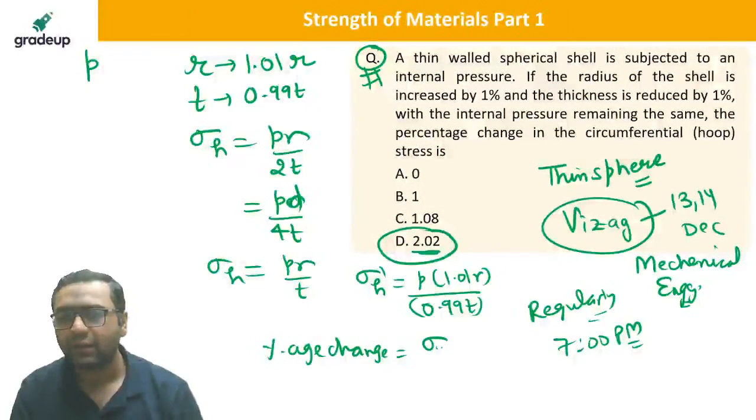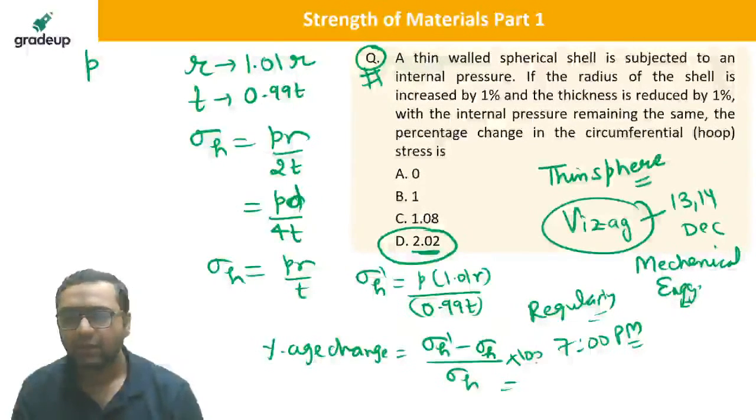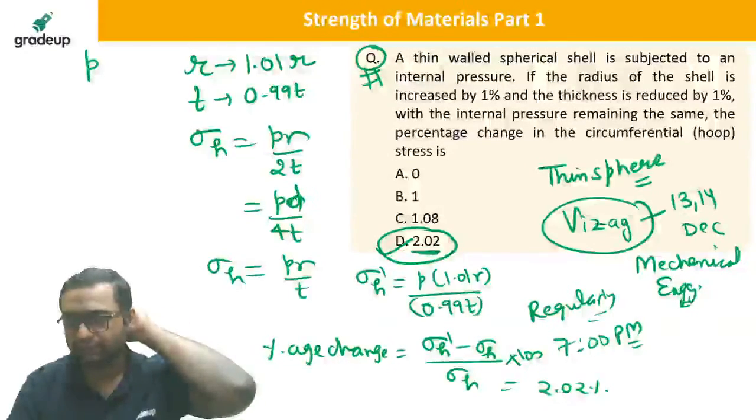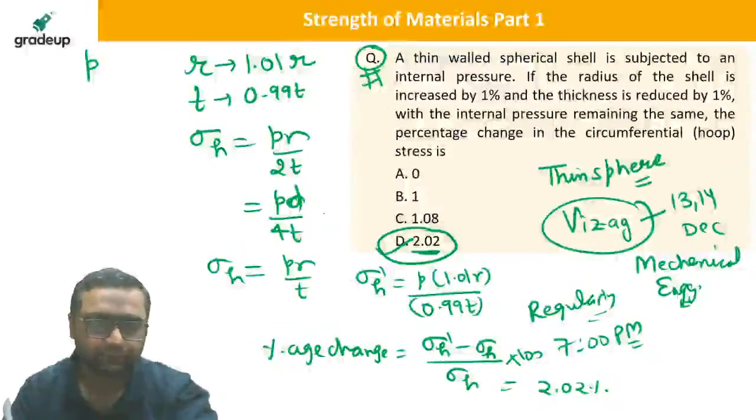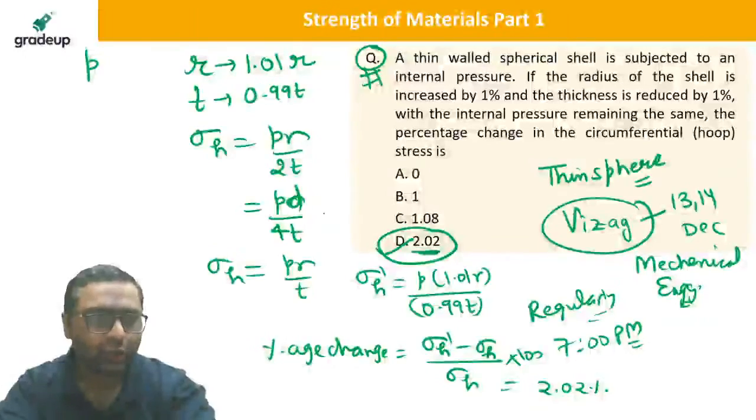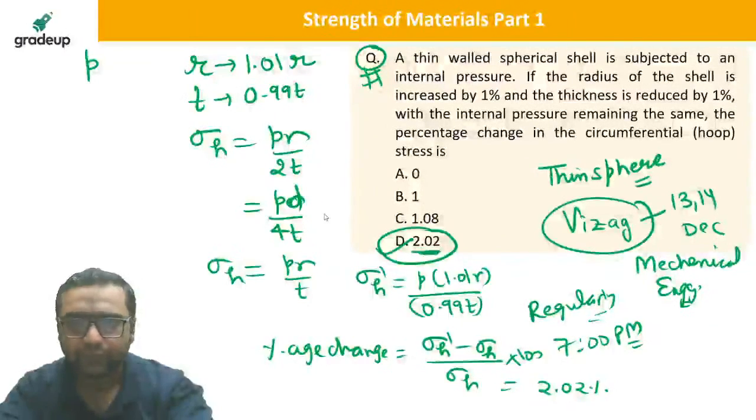This will be sigma h dash minus sigma h, divided by sigma h, into 100, which is 2.02%. So the answer is D. Yes, guys. Okay, no issue, Amit. Yes, Rohan Raj, Neeraj Kumar, answer is correct.